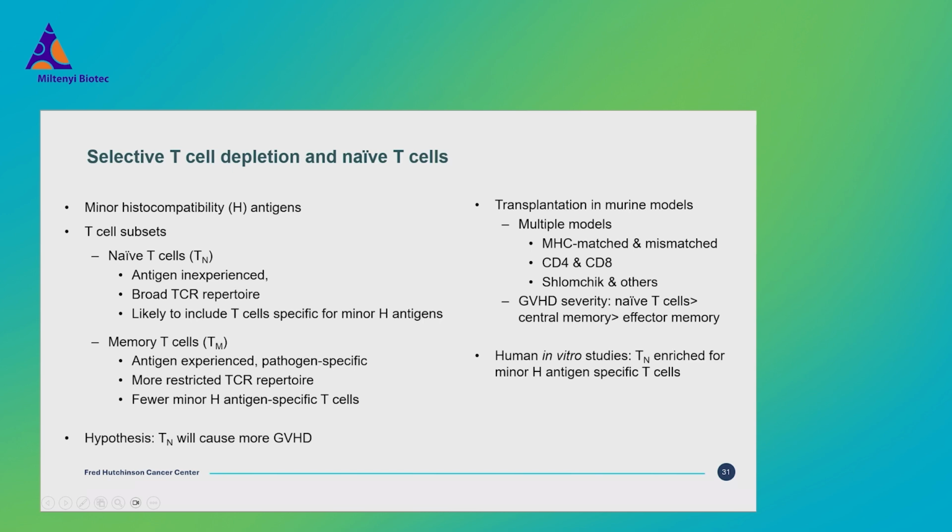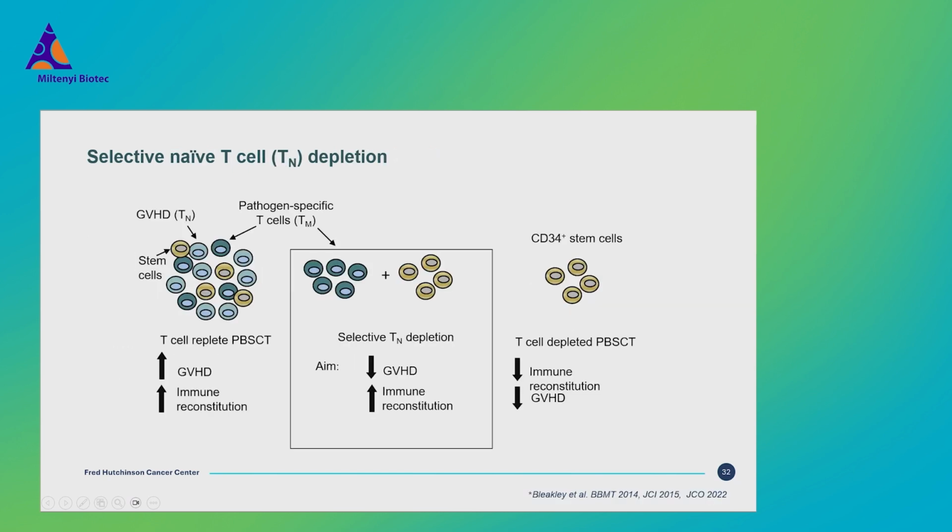So based on these data, we imagined a transplant strategy whereby we would administer donor stem cells and memory T cells without naive T cells, and evaluate whether that strategy could reduce GVHD compared to T-cell replete transplantation and improve immune reconstitution compared to complete T-cell depletion.